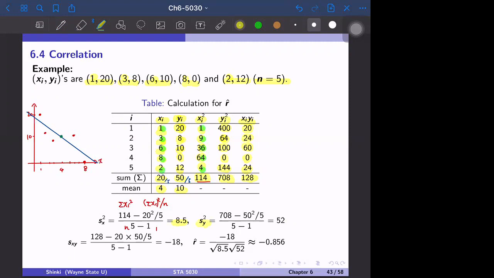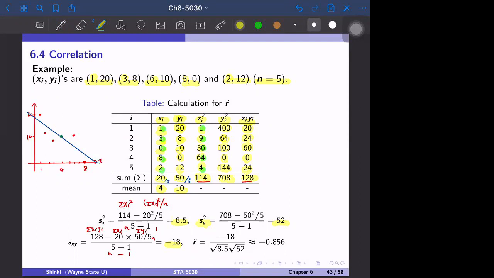And for s_xy, we have the summation of x_i y_i, which is 128 here, minus the summation of x_i times the summation of y_i divided by n, then divided by n minus 1, and we get 18.